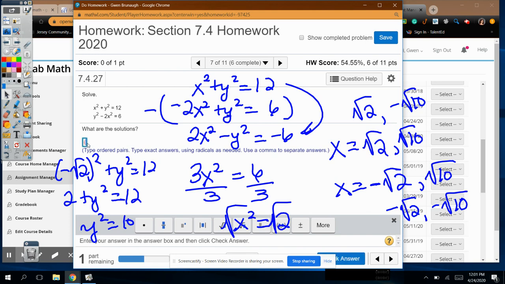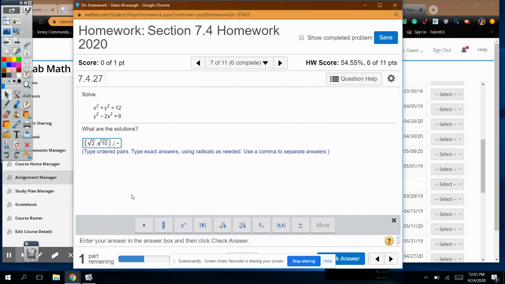So what I got here? Square root of 2, square root of 10. Negative square root of 2, comma, square root of 10.